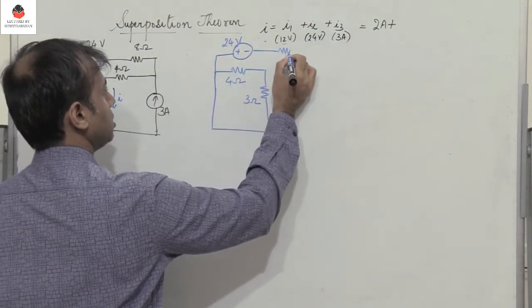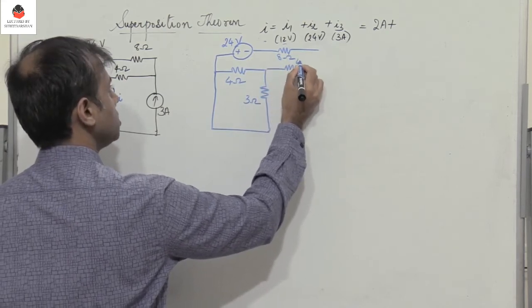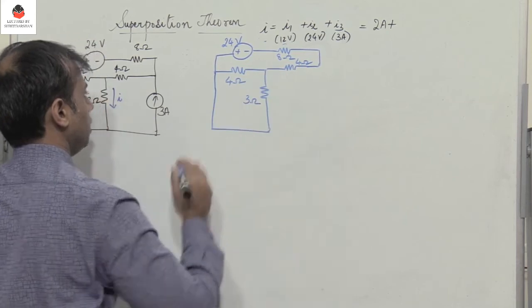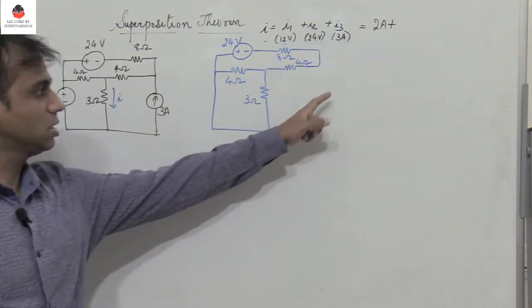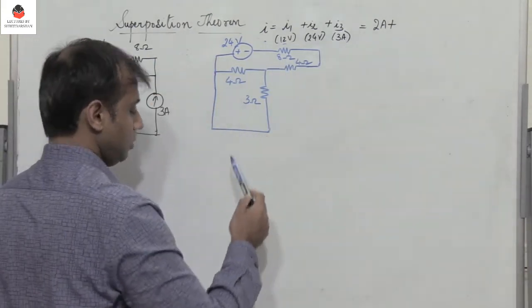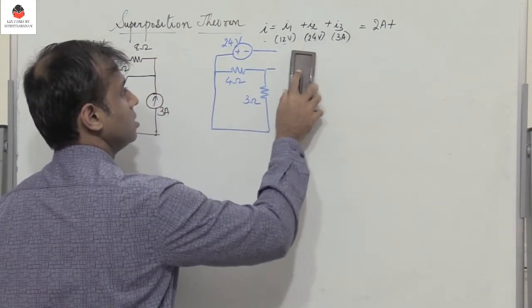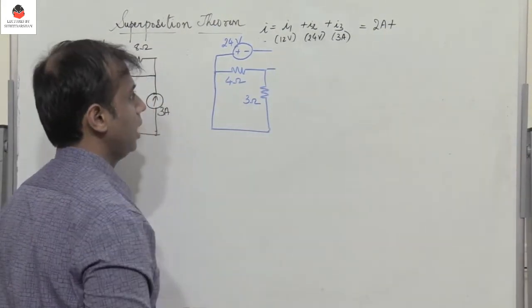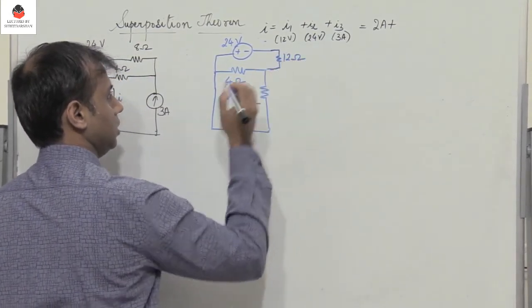Then we have 8 ohms resistor, and then again you have 4 ohms, and I'm neglecting this current source 3 amperes, so this is an open circuit. Again observe that 8 and 4 are in series, so they can be replaced by a single resistance, 8 plus 4 equal to 12. So you have 12 ohm resistor here.